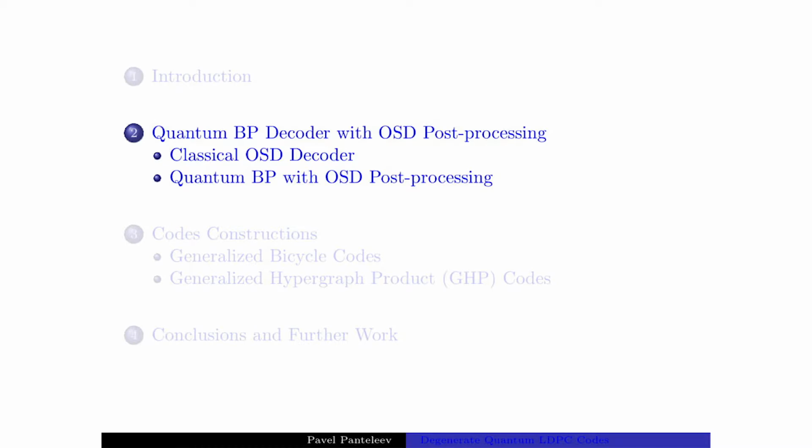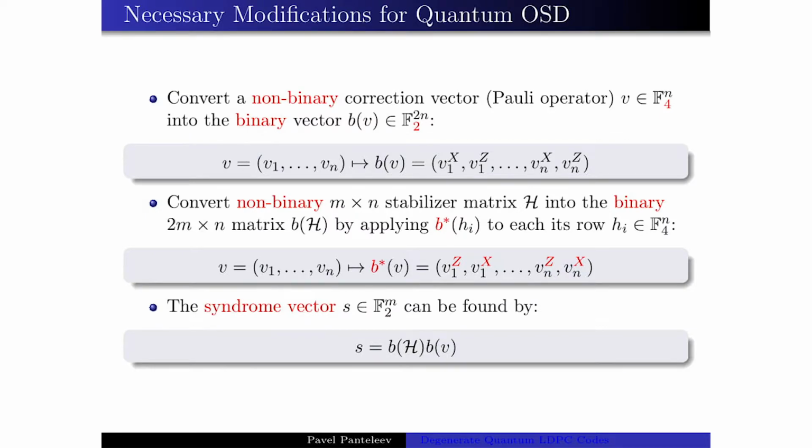But in order to be used for quantum BP, we need some other modifications. First of all, we convert our non-binary vectors, Pauli operators, to binary vectors. Please take care that here we use an interchanged order, not the standard order that is usually used in quantum codes. And this is important for this algorithm. We also convert the non-binary stabilizer matrix into a binary matrix with 2 times the number of columns.